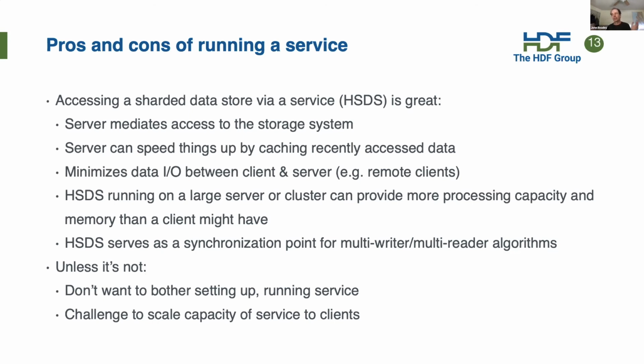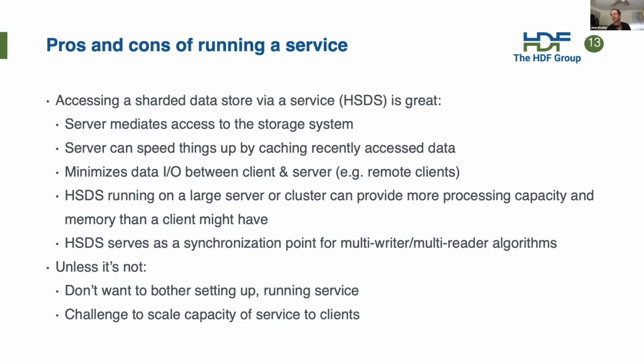With a server, you can have a large cache to speed up recently accessed data. You minimize data I/O between the client and the server. So if I'm on my desktop and I'm doing, say, a time series extraction over a really large file, the bulk of the data I/O will happen between the storage system and the server, and a minimal amount of data comes from the server to my desktop. That's very handy if your bandwidth is limited or if you're paying egress charges and so on.